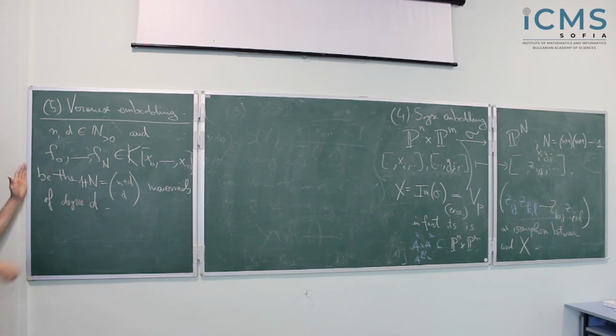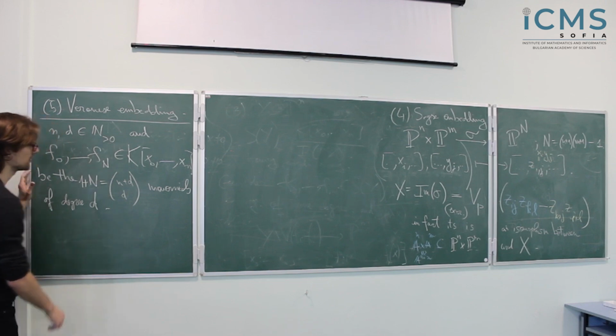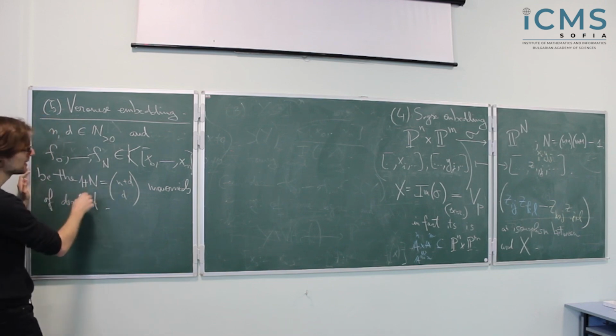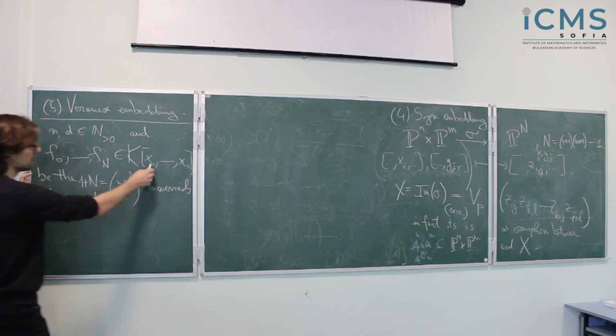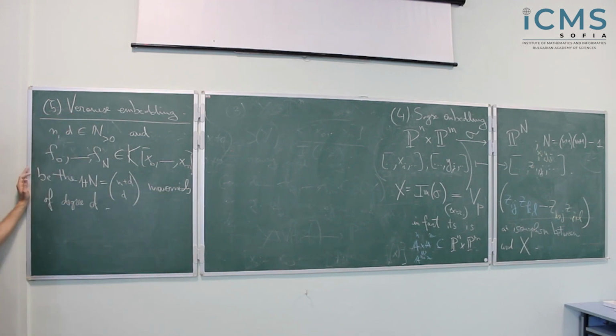Okay. Well, there's a simple counting problem. How many monomials of degree d are there in n plus 1 variables? Yeah, the answer is n plus d choose d.